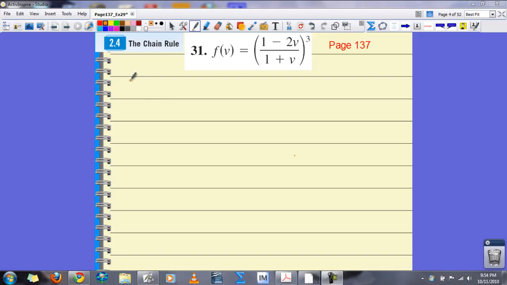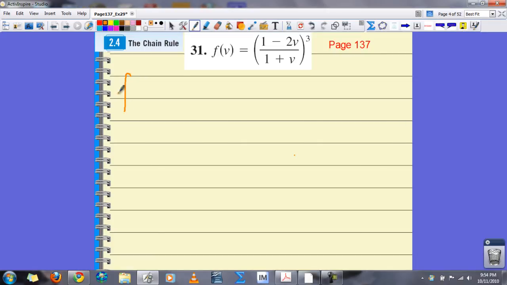So let's start off by going f of, ooh, this is ugly. Change the color. Alright, let's go with blue. So we have f prime of v. That's the derivative of f.